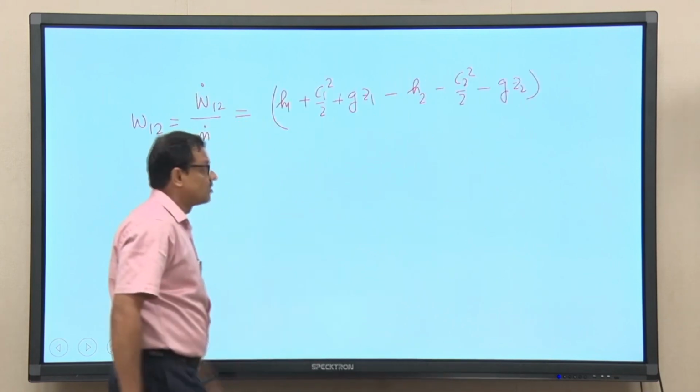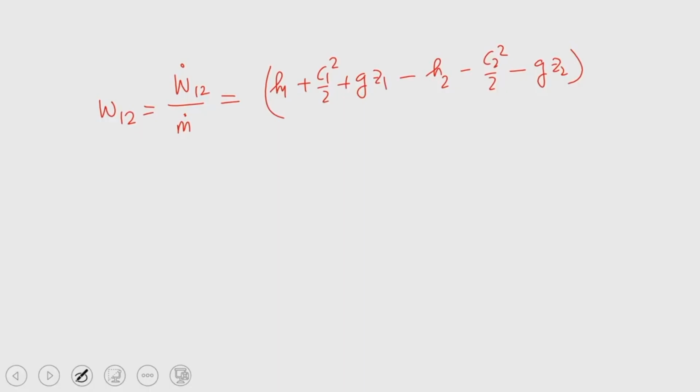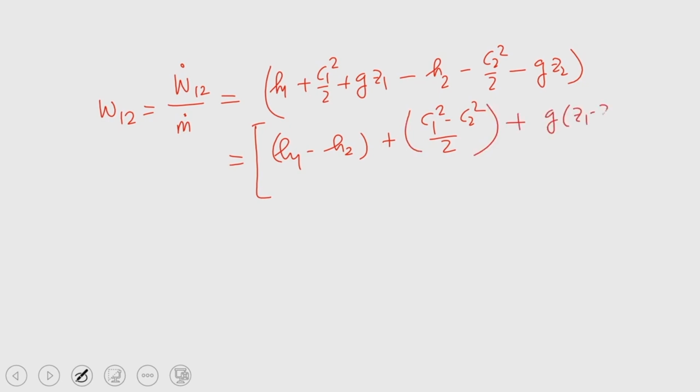From the first law, we are writing W dot by m dot, that is, small w, the specific work for the process 1 to 2, and that is what I have written over here. So this is H1 minus H2 plus (C1 square minus C2 square) by 2 plus g into (Z1 minus Z2). What about H1 minus H2?